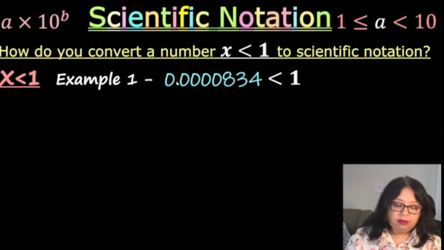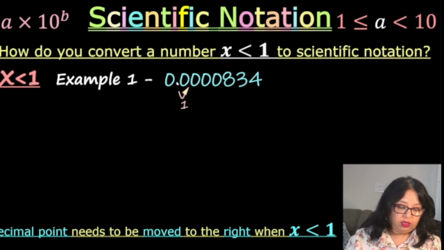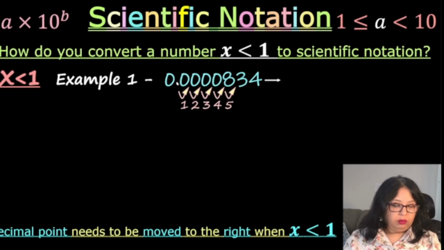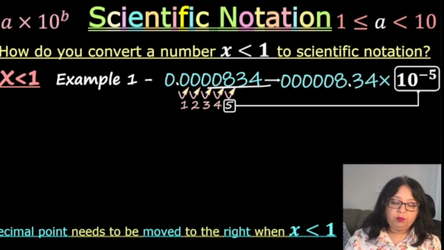So let's see. Here's example number 1. We're given the number 0.0000834 and we want to convert this into scientific notation. So we need to move the decimal over to the right. By how many places? 5 places. When we move the decimal over by 5 places, the number changes to 8.34.